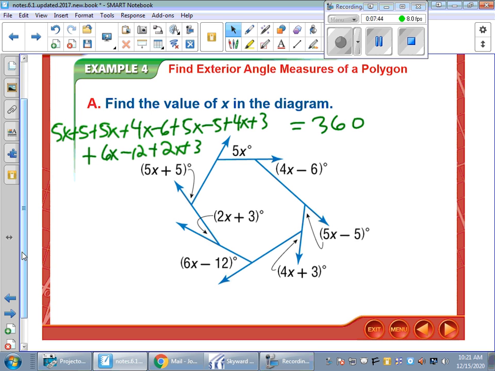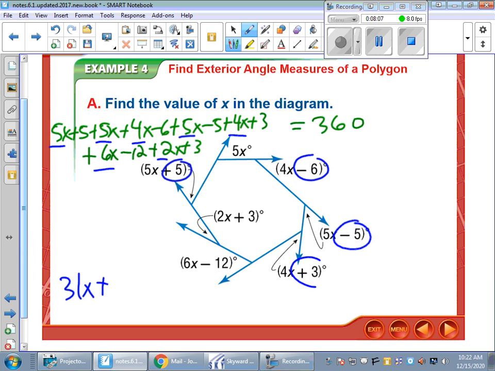So again, if you add up all these, so 5 and 5 is 10, plus 4, 14, 19, 23, 29, and 31. So 31x plus how many regular numbers do we have? It's easier to add here. 5 minus 1 is negative, minus 6 minus 1, minus 6, minus 3, so we're actually minus 12.